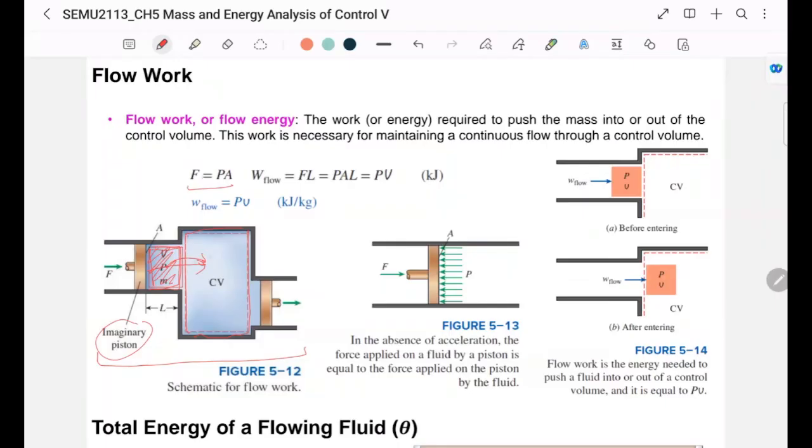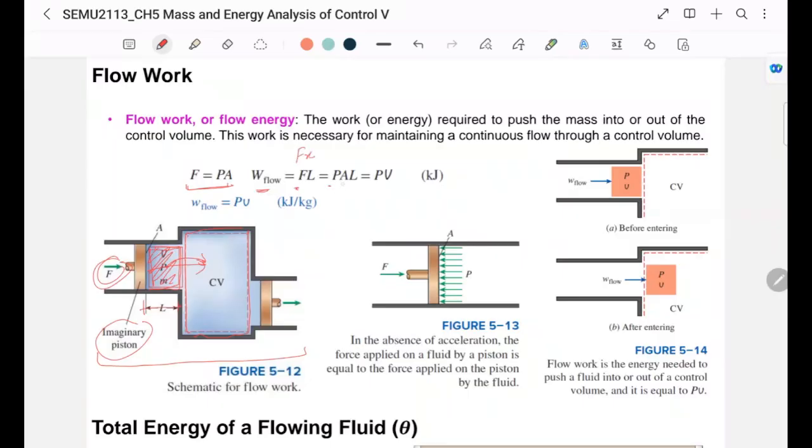Okay, so then the work itself is basically equal to the force to push it in, which is the pressure multiplied with area. And then the work itself is the force multiplied with the length, because work is force multiplied with distance.